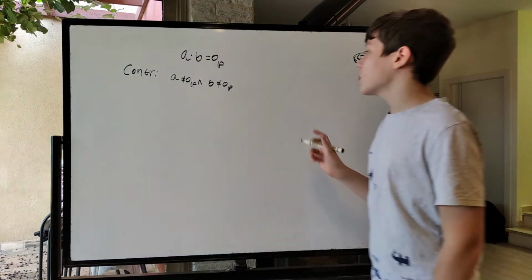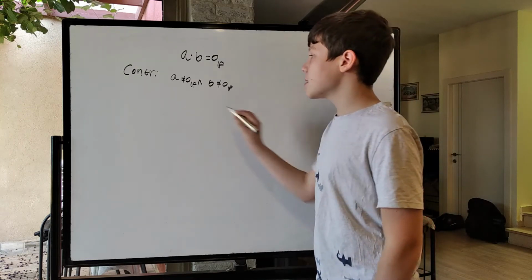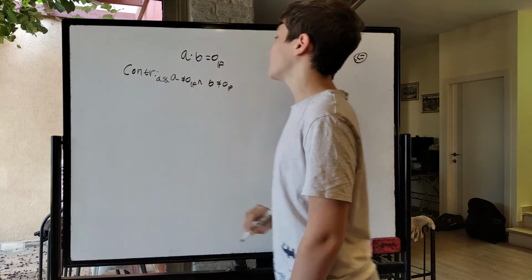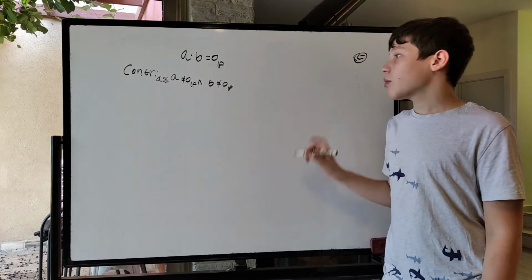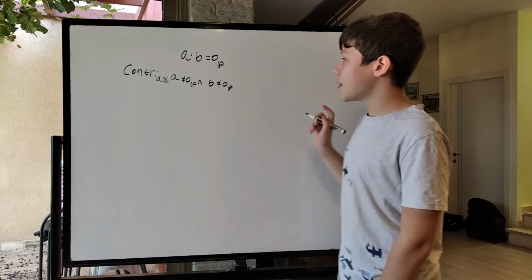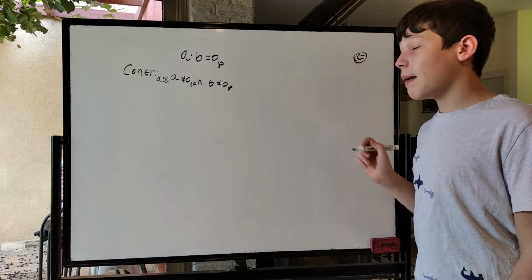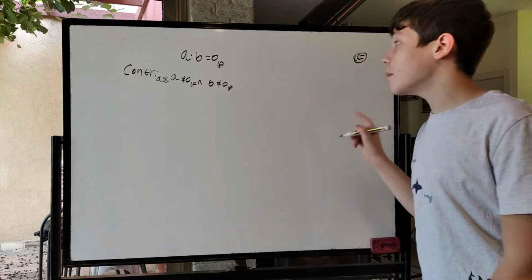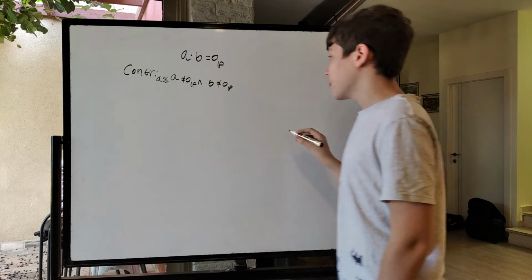So now let's begin. This is an assumption which will prove wrong. So we're assuming A isn't 0 and B isn't 0. That means that by the definition of the field, the inverses of A and B both exist.